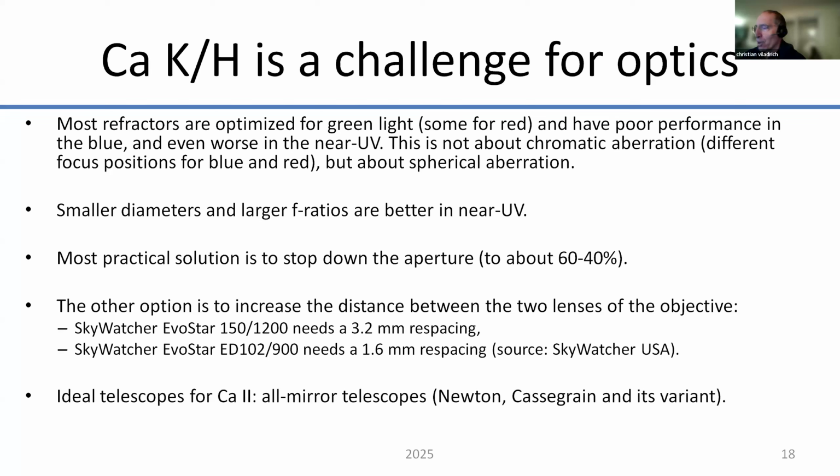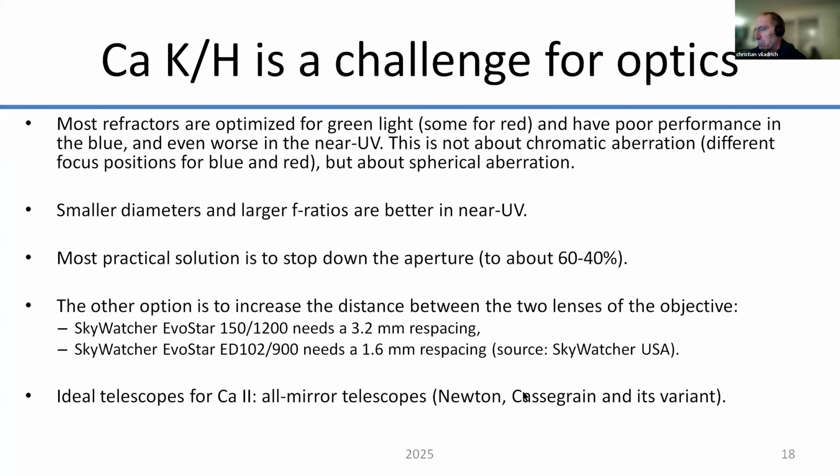Fortunately, Skywatcher in USA made the calculations. So we know that for the 150 millimeter Skywatcher, you need 3.2 millimeters between the two lenses. For the 100 millimeters, we need 1.6 millimeters. So, okay, this is feasible. You can do it. It's not so easy, but the results are quite good, really good for sure.